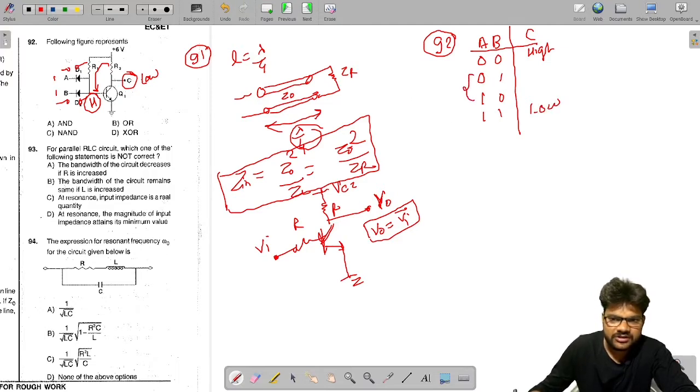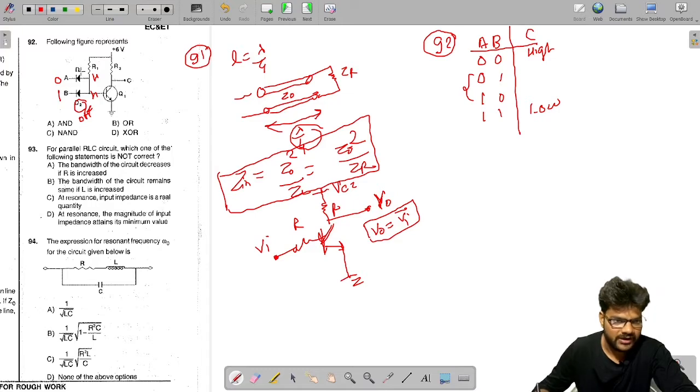Now let us see what will happen when one input is low and the other is high. Let us say A is 0 and B is 1. Then this is high, and this is also high, so D2 will be off. Why will it be off? Because this is high voltage and some voltage will be dropped across R1, so the anode voltage will be less than the high cathode voltage.